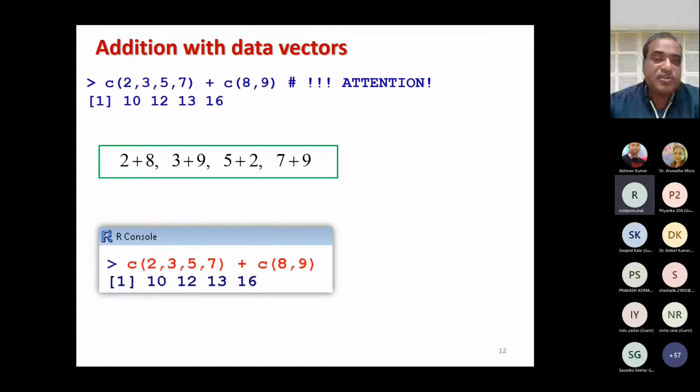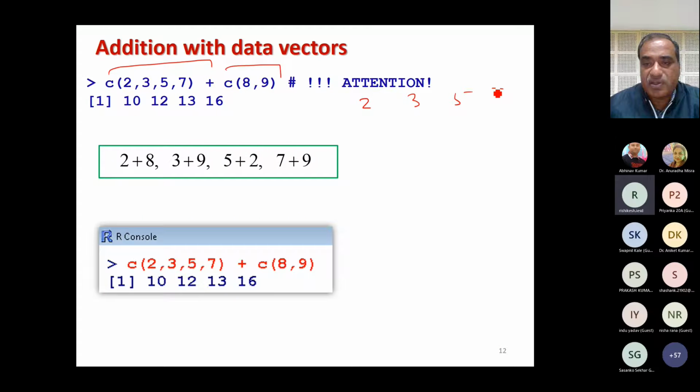Now I try to change it. I do it intentionally so that in the first data vector I take 4 and in the second data vector I take only 2. So what will happen here? If I use the same methodology, it will say 2, 3, 5, 7 from the first data vector, and then it will try to write the second data vector.